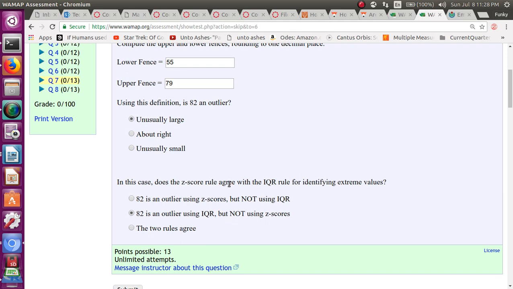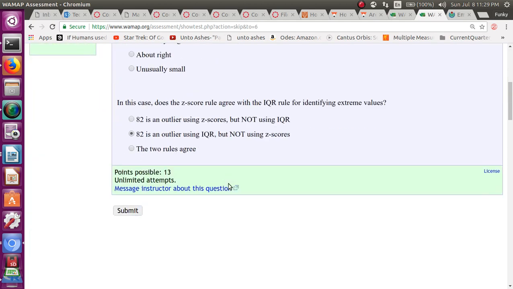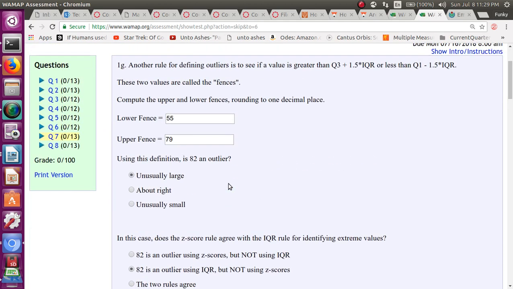That's going to happen sometimes. That's part of the point of this lesson. They don't always agree. Sometimes one is considered large and the other is considered normal. Sometimes one is small and the other is normal, and it just fluctuates. They're actually asking somewhat different questions. IQR is based on rank. Standard deviation is based on arithmetic.